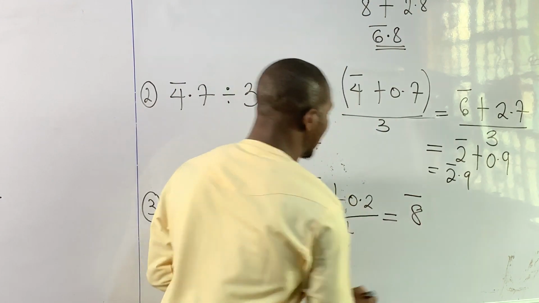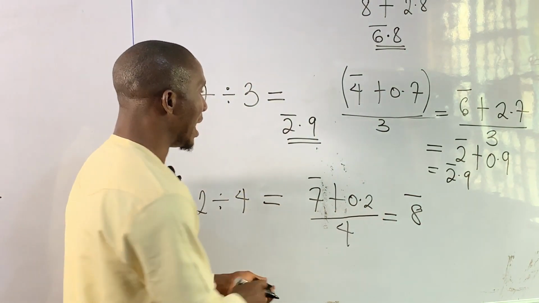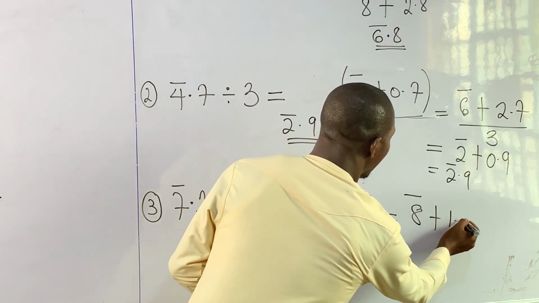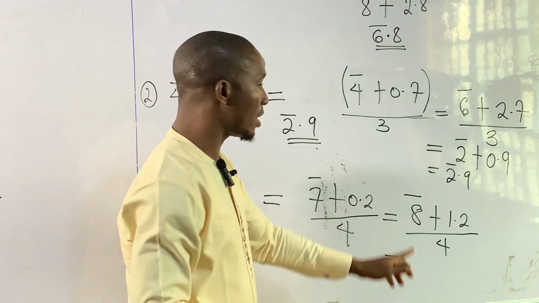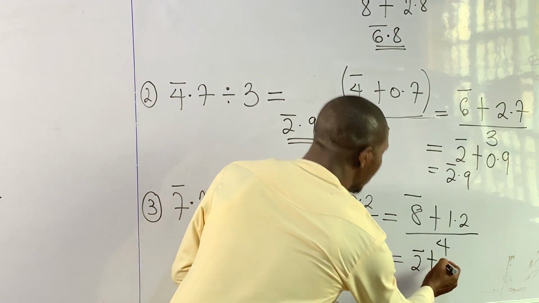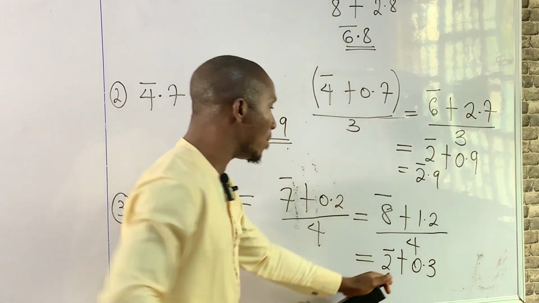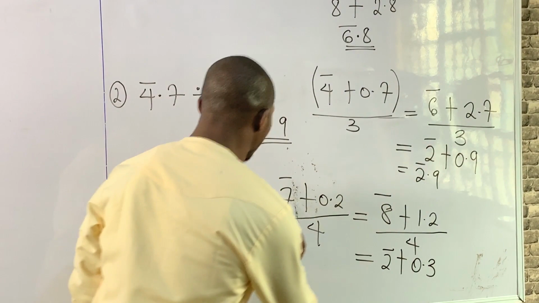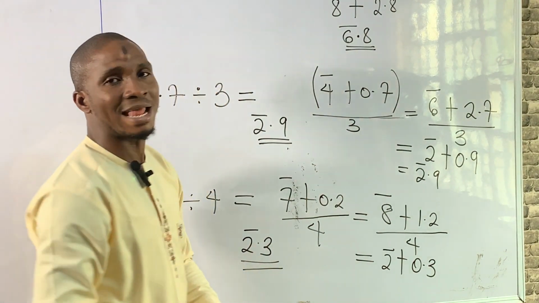What do you do to 7 to become 8? You subtracted 1. So you add that 1 to this, 1.2. Then you divide it by 4. Finally now, bar 8 divided by 4 will give you bar 2, plus 1.2 divided by 4 will give us 0.3. Combining the two answers together, you are going to have bar 2.3 as the final answer.